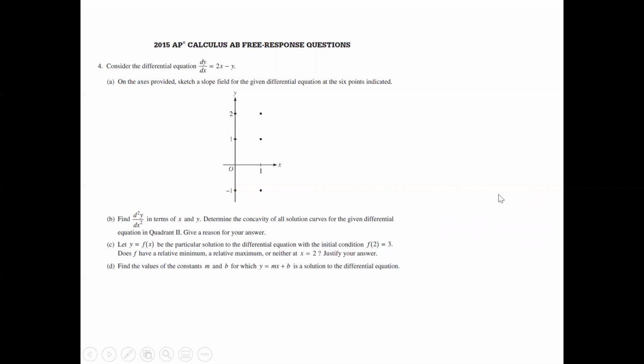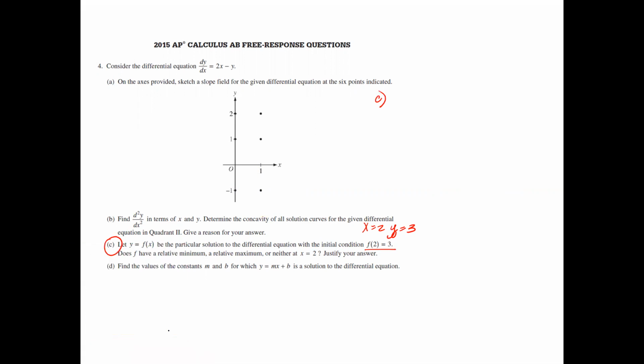Okay, so then moving on to part C. It says let y equals f of x be the particular solution to the differential equation with the initial condition x equals 2, y equals 3. Does f have a relative minimum, maximum, or neither at x equals 2? Justify your answers.